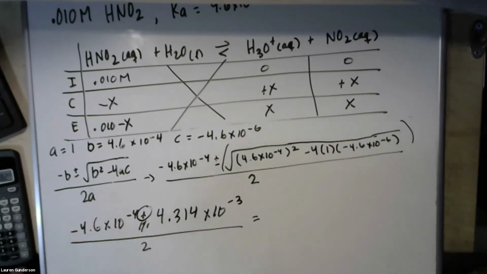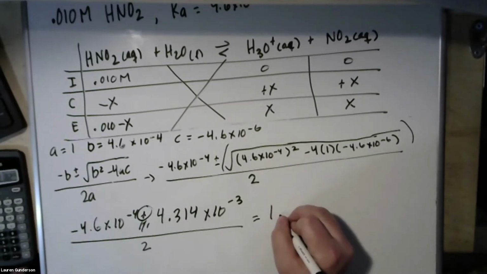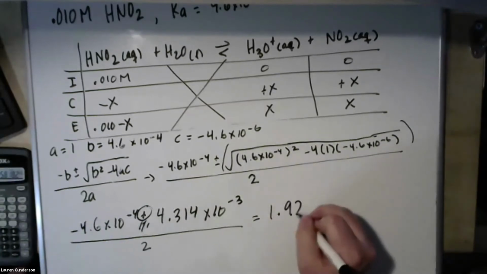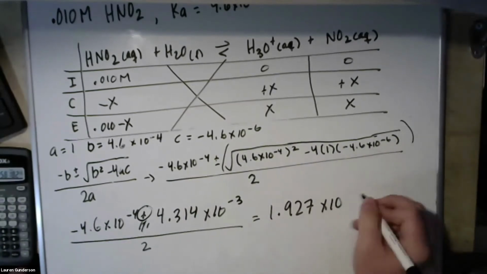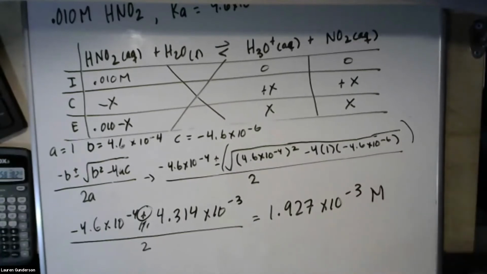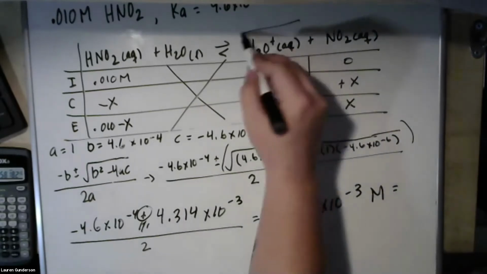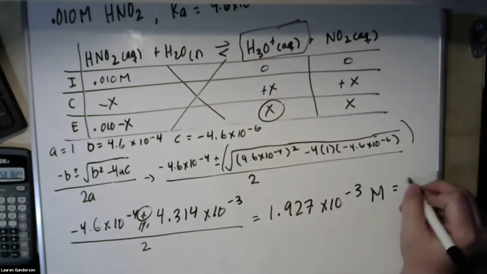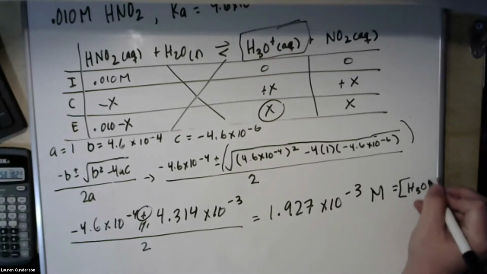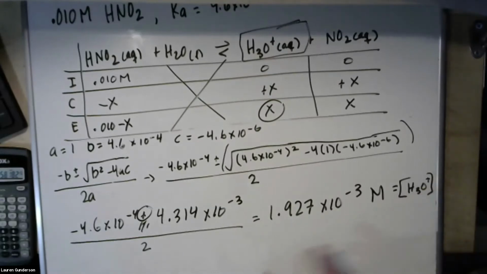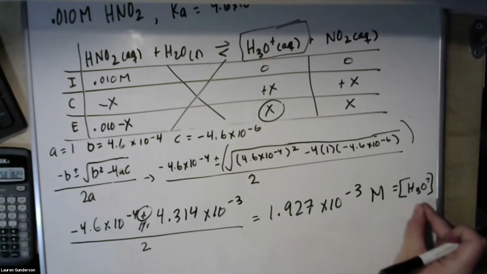And I get an X value of 1.927 times 10 to the negative 3 molar. I'm putting a molar after it because our X value is going to equal our hydrogen ion concentration that I was looking for, right? Because this equals X, X equals this.